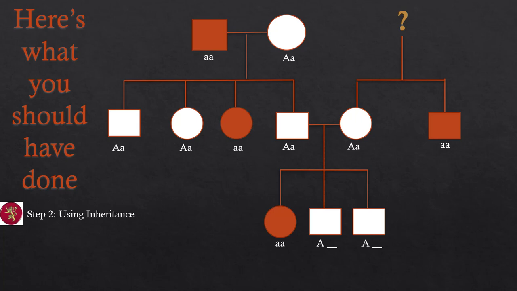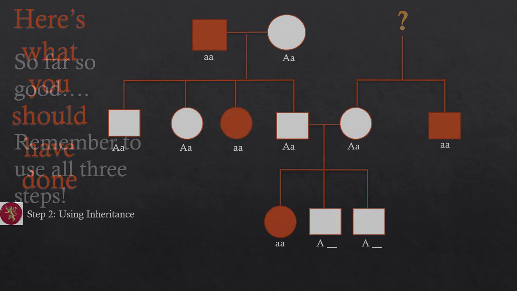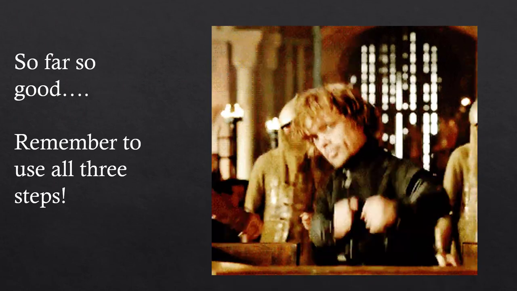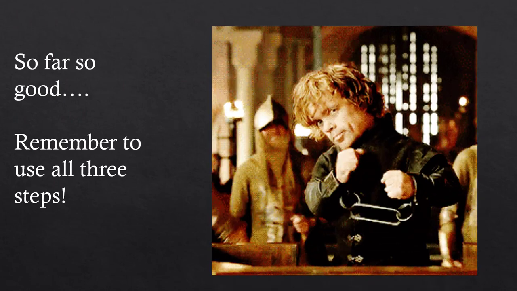Same for down here, recessive a goes on to mom. Unfortunately, since both of these parents are heterozygous, we're probably going to have to use a Punnett square to finish off this pedigree and determine the genotypes. So take another pause, do what you can, and come back to check your work after step 3.